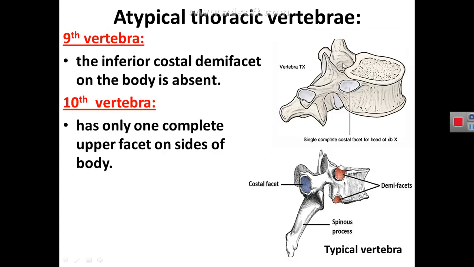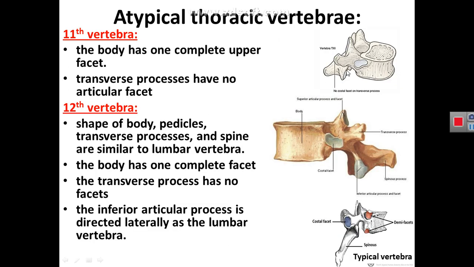Back to the figure, you can see that T10 shows a facet on the tip of the transverse process to articulate with the tubercle of the rib, but T11 does not show a facet on the tip of the transverse process. However, both T10 and T11 have a complete upper facet and no demifacet below.